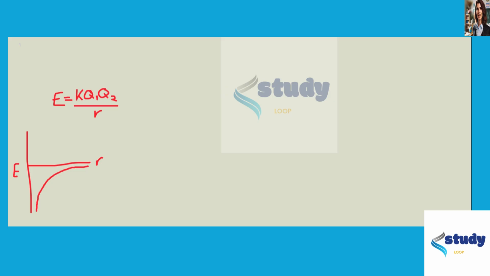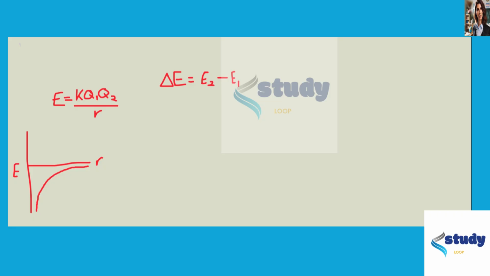As our E is becoming more positive, delta E is also changing, because remember, delta E you can write as E2 minus E1.